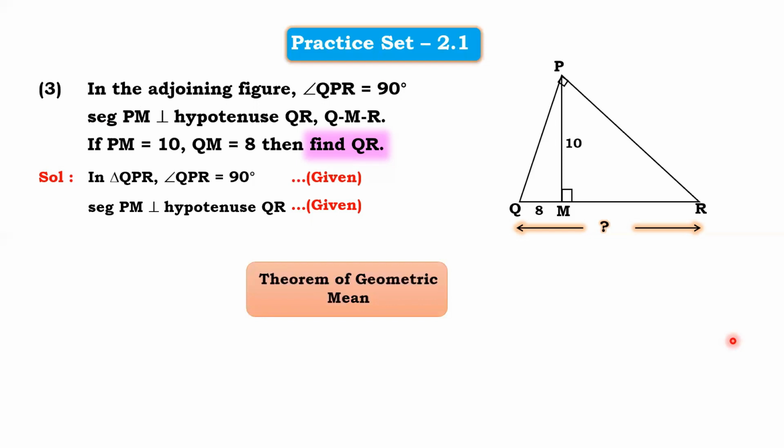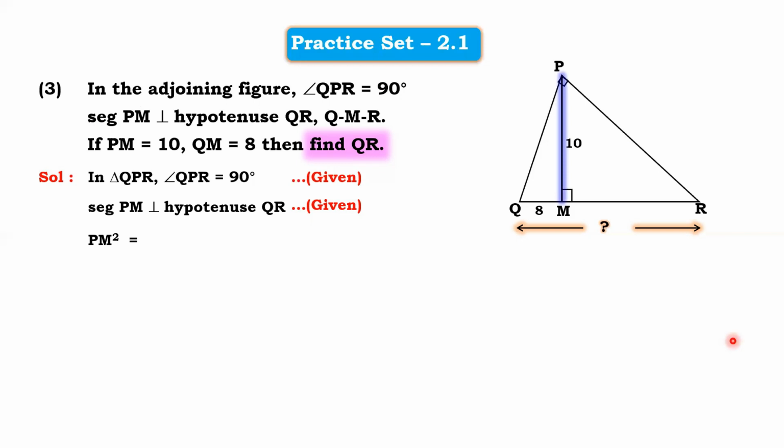We know which is the perpendicular here. Yes, segment PM is the perpendicular over the hypotenuse. So PM square is equal to QM into RM. Theorem of geometric mean. Let us substitute the values. PM is 10, so 10 square is equal to 8 into RM.